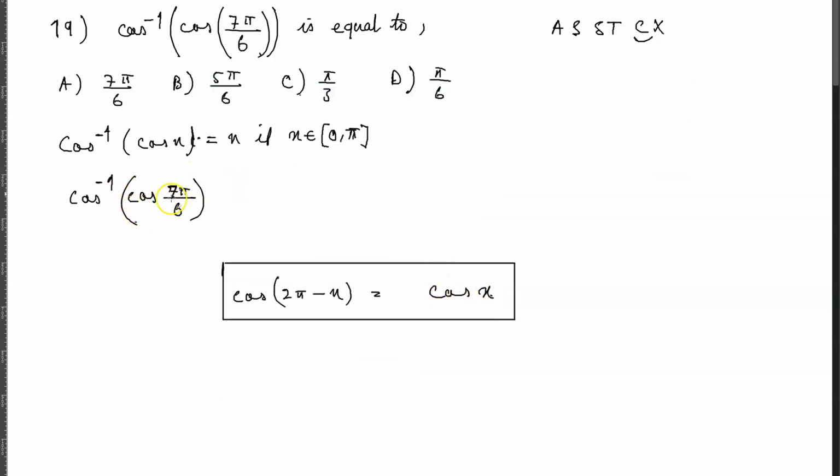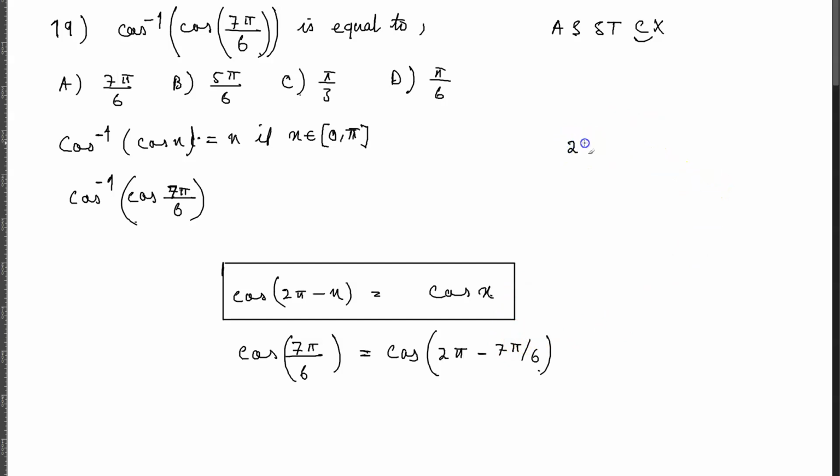Now over here we have cos of 7 pi by 6, so I write that as cos of 2 pi minus x, where x is 7 pi by 6.